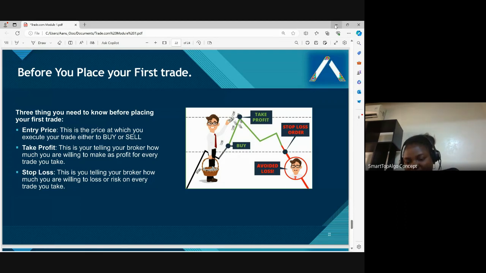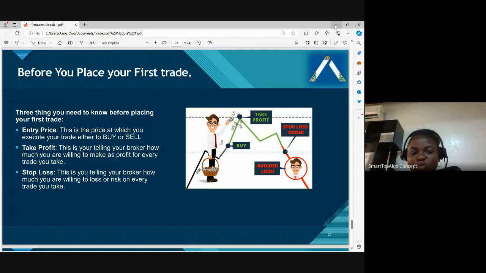This is the price at which you want to execute your trade. You don't just execute because you feel I want to buy. When I'm analyzing, I must be able to tell myself that when price is at this point, I want to sell or I want to buy. That price is the entry price.